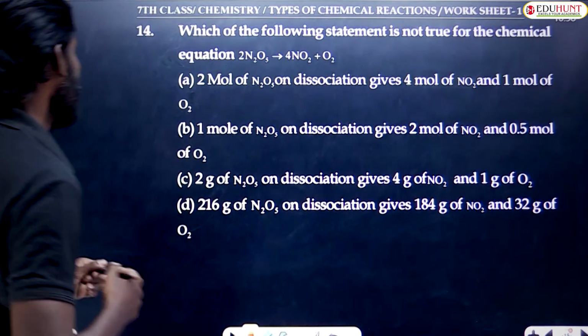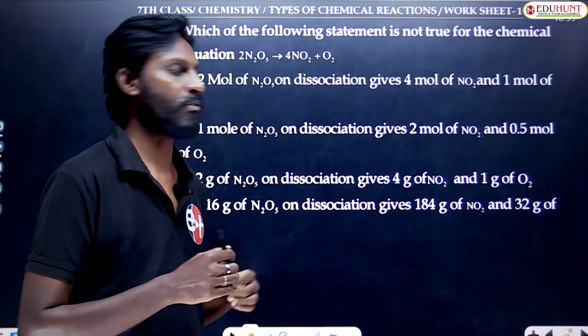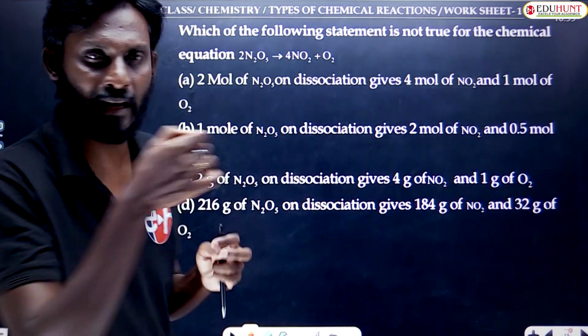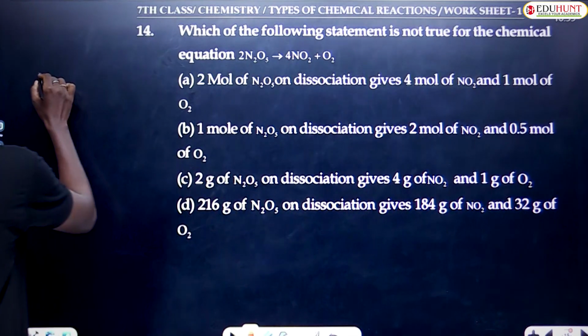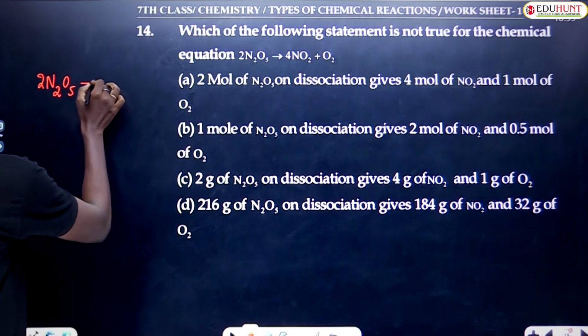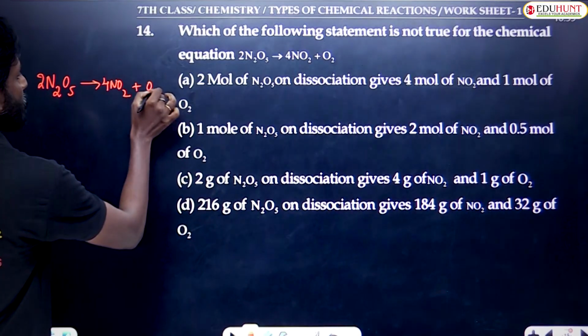Which of the following statements is not true for the chemical equation 2N2O5 gives rise to 4NO2 plus O2? Yes, 2 mole of N2O5 on dissociation gives 4 mole of NO2. See, for this question, we need a little bit of an idea of mole concept. I'll explain here. See, here 2N2O5 gives rise to 4NO2 plus O2.